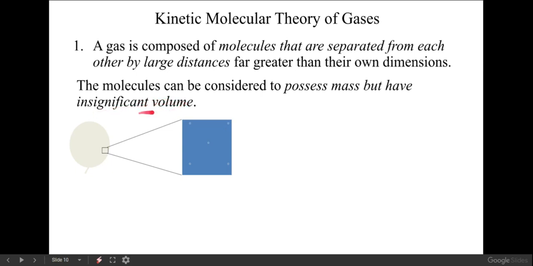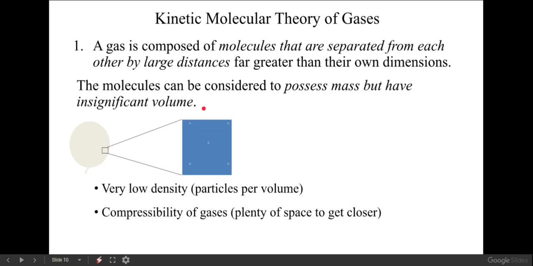So we can treat each gas particle like it has insignificant volume. And so it doesn't matter if it's tiny helium or larger argon or larger xenon. Because these particles are going to be so spread out anyway, none of that matters, what their actual radius is.